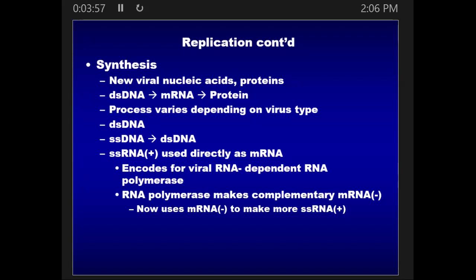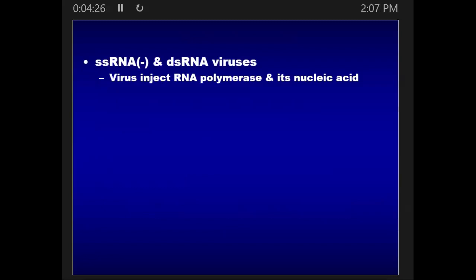And so if they can code for the RNA polymerase, that sets them up to make a bunch of copies of their nucleic acid plus RNA version. And then they can package that in and make a complete viral particle. So they're doing two things. They're making sure that their proteins are getting made, but they also have to make copies of their particular type of nucleic acid. Right? And so that's a little different.